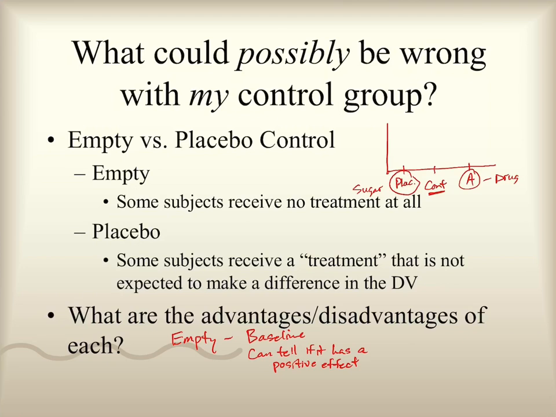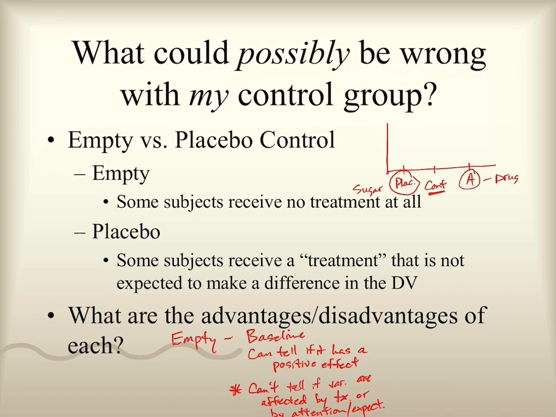What we can't tell, so this is the downside of an empty control group, is if the variables are affected by our treatment, sometimes TX we use to refer to treatment, or by, and I'll just say attention here, the attention they get, or by the expectations that they might have.